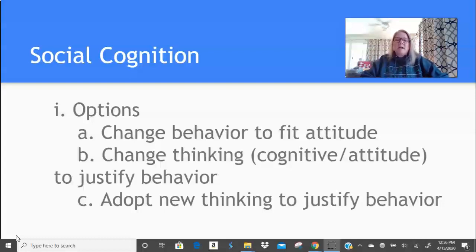The last one would be adopt new thinking to justify behavior. So not just changing thinking, but actually adding something. So I still value family, but, and maybe this is a more appropriate example than the changing thinking one, basically saying, I think it's okay, maybe they decide to have an open marriage.